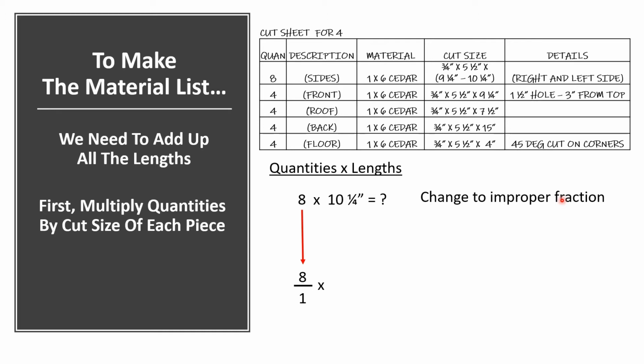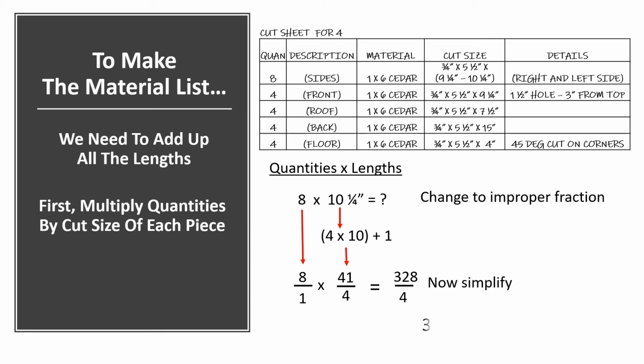You're going to multiply that. Convert 10 and a quarter. So you have to take the 4, multiply it by 10, then add 1. And you end up with 41 over 4, right? All right, that equals 328 over 4.